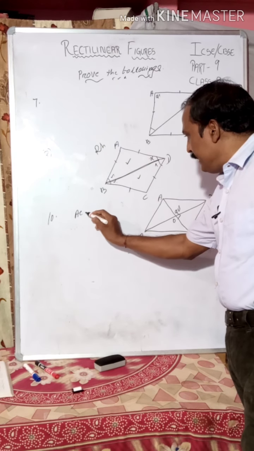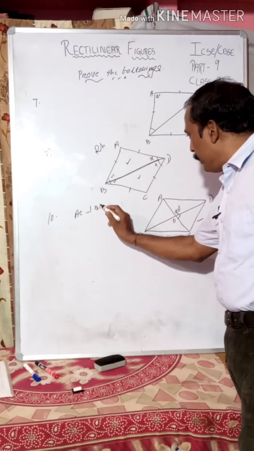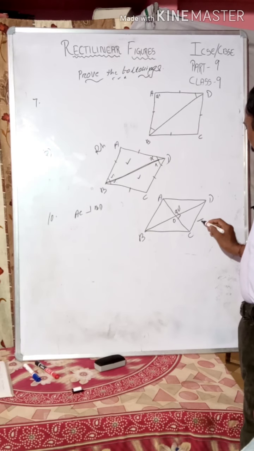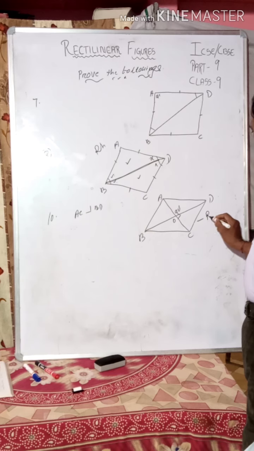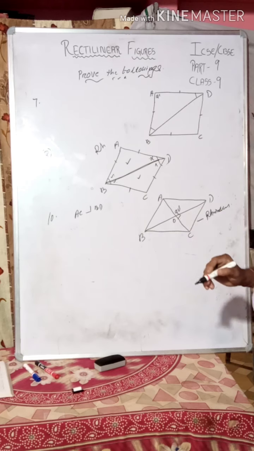Given AC is perpendicular to BD. Then prove that ABCD is a rhombus.